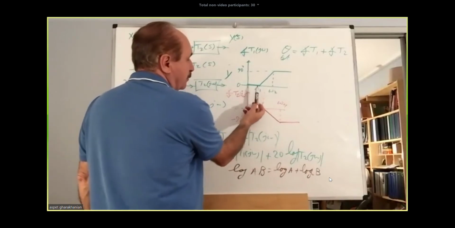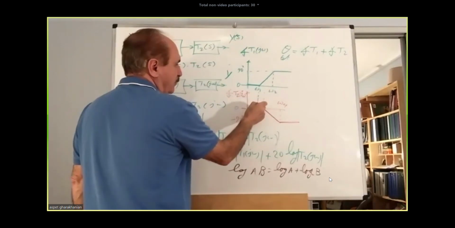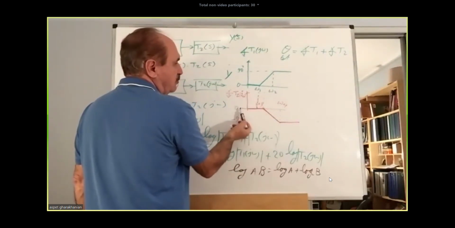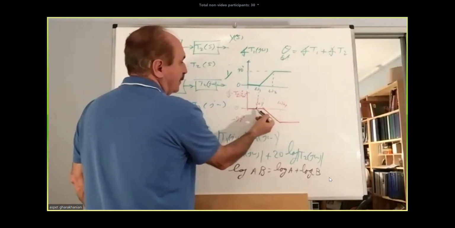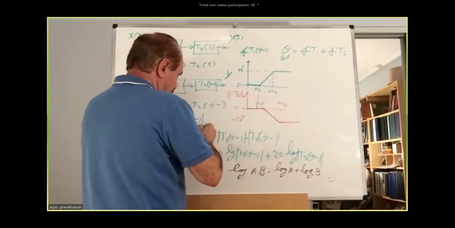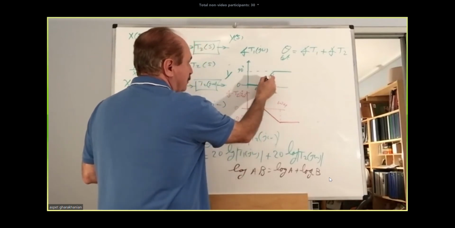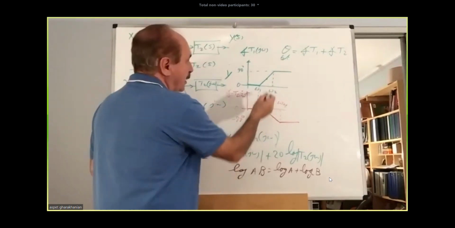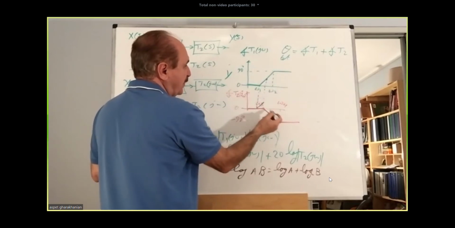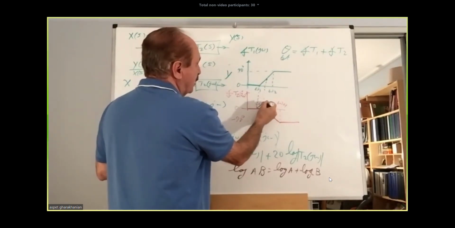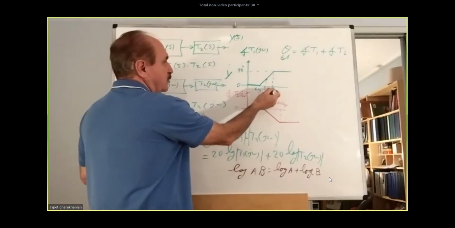For example, you have to break the frequencies section by section here. Up to here, they are all 0 degrees, so nothing. From this point all the way to here, that is omega 3, it seems that the green is adding. So we will go up exactly at the same pace, at the same rate, up to here. At this point, notice that if the slope of that is equal and opposite to the slope of that, then the angle is going to stay constant all the way to here.